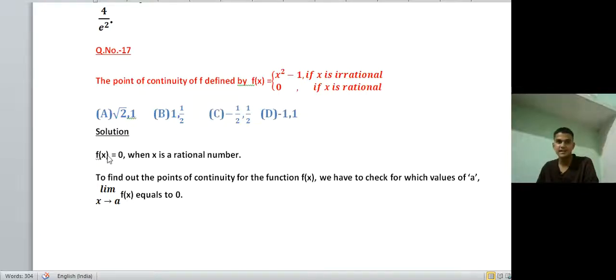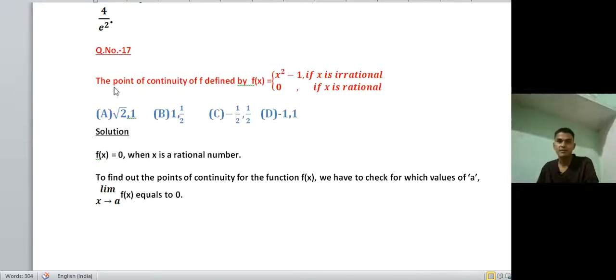At x is equal to minus 1 and x is equal to 1, the functional value is also 0, because it is given the function is 0 when x is rational. You can see minus 1 is a rational number, 1 is also a rational number. So the functional value will be equal to 0. So here the functional value is equal to the limiting value is equal to 0.